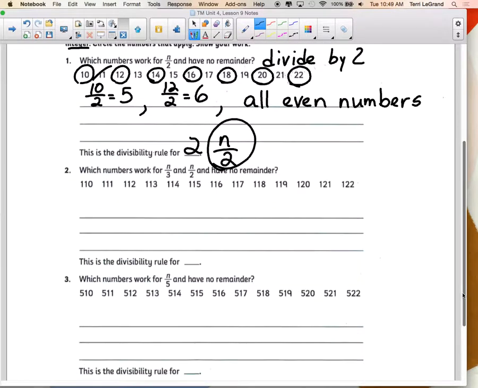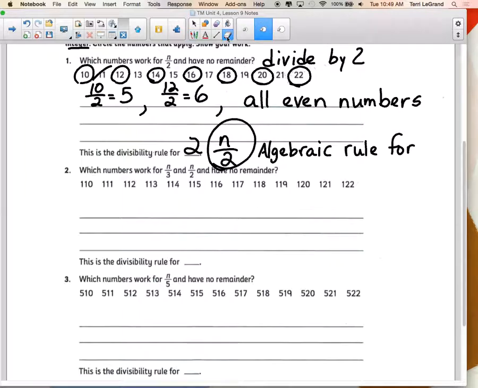This is the algebraic way to express dividing by 2. When you have the divisibility rule for 2, it says take the last digit, divide it by 2. And if it's an even number, we decided it has to be divisible by 2, doesn't it?